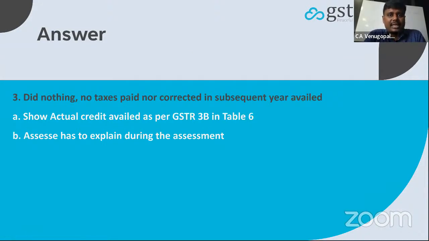In your GSTR 9 table 6, you have 3 columns: IGST, CGST, SGST. What you have done is show 50 CGST and 50 SGST in 3B, but actually it is 100 IGST. Instead of reporting 50 and 50 in CGST and SGST, report it as 100 in IGST. In GSTR 9 table 6, what would then happen? Your 6I, which is the total, will show 0 and 0 for CGST and SGST, and 100 for IGST.